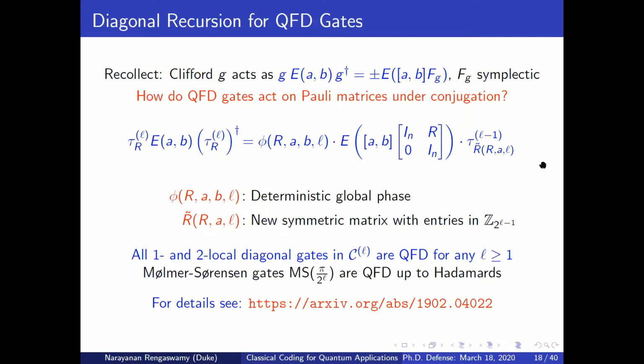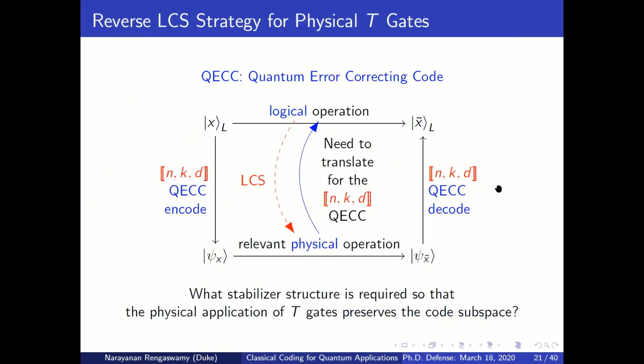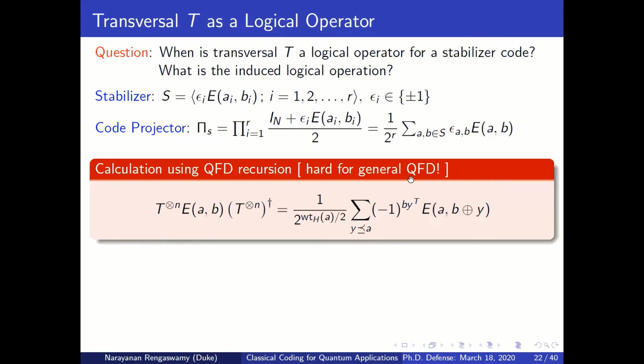But what we would really like is to expand this right-hand side in the Pauli basis. We saw that Pauli matrices form a basis. So we want to express this right-hand side as a linear combination of Pauli matrices. And that's exactly what I've done here. So I've conjugated the Pauli matrix, but on the right side, I'm expressing it as a sum of Pauli matrices. And so you can think of this as sort of a Fourier transform.